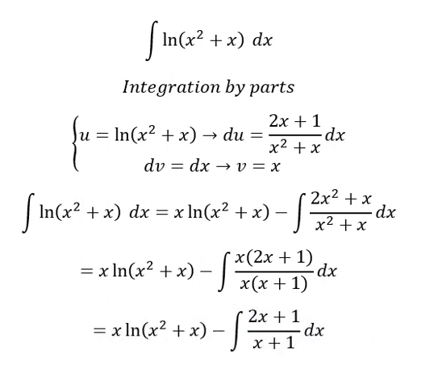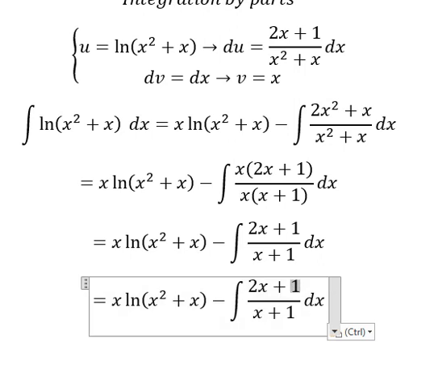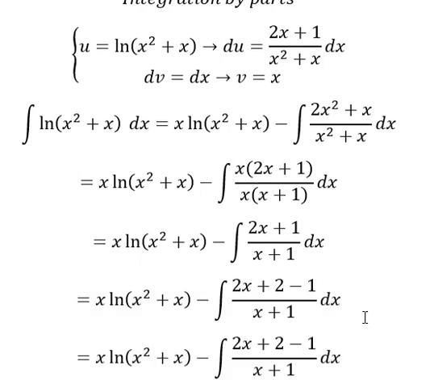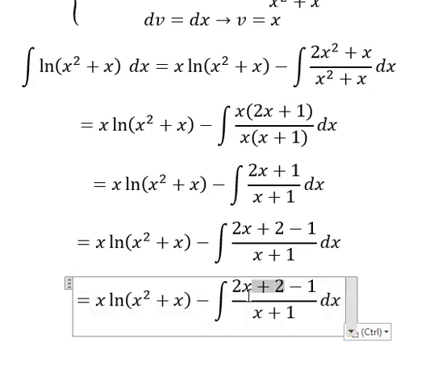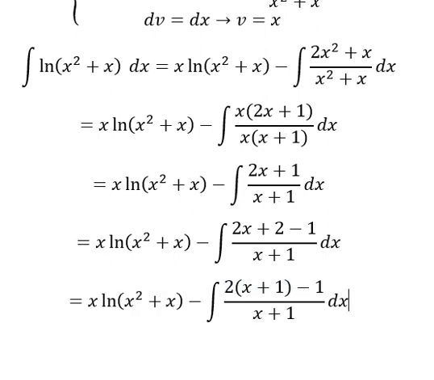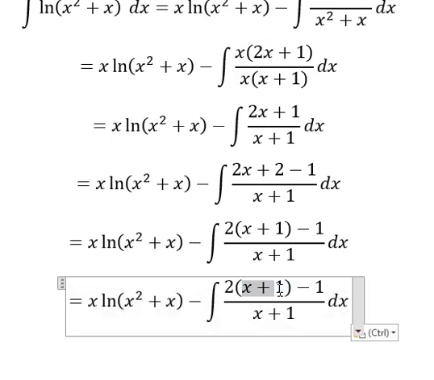Next, number 1, that is number 2 minus number 1. Later we can do factorization by number 2. So this one divided by this one, that is number 1.